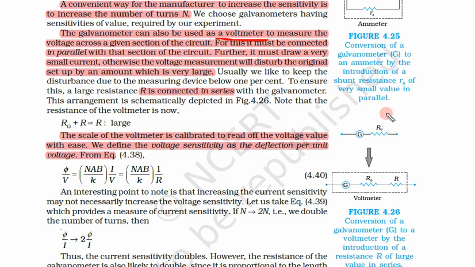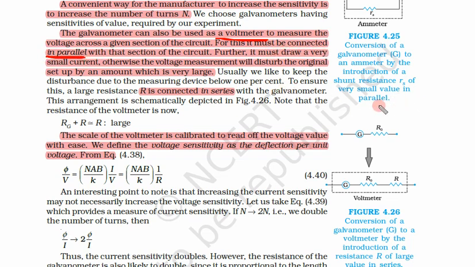So we have used it first to check the current, then to see in which direction current is going, then to measure current like ammeter. Now we are converting galvanometer into voltmeter. So now you can see it is a very important instrument to measure the voltage across a section of the circuit. For this it must be connected in parallel.